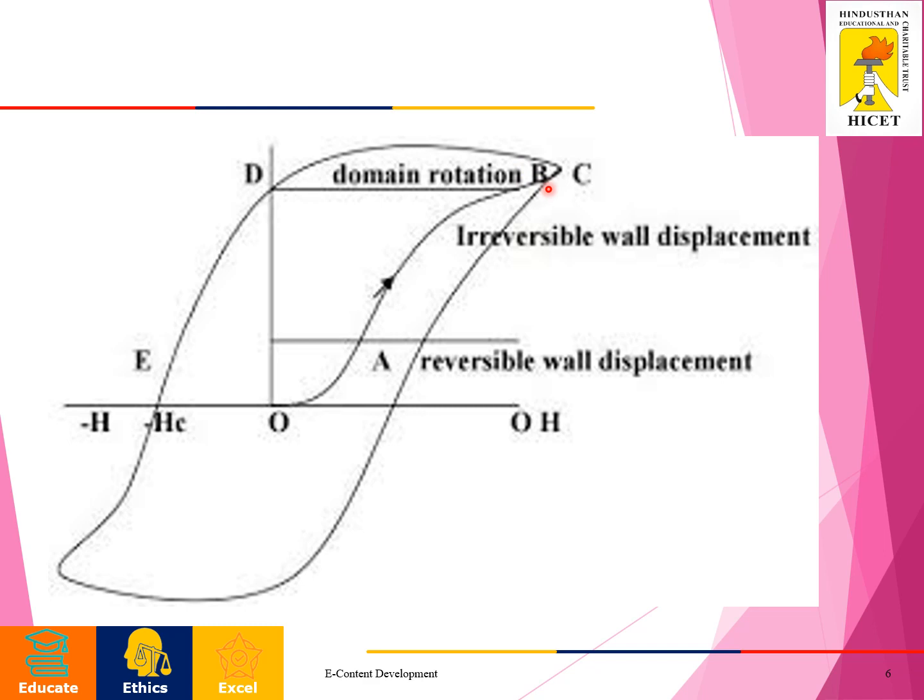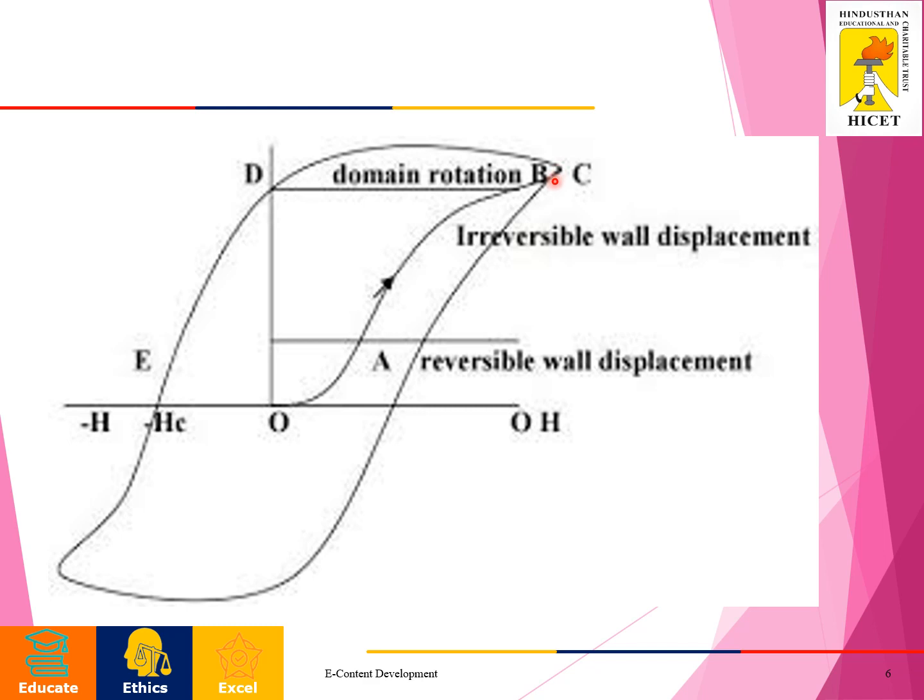At point B, all domains have become magnetized along the easy direction. Now, when the field is increased, the domains start rotating along the field direction, and anisotropic energy is stored in the hard direction. It is represented by BC.